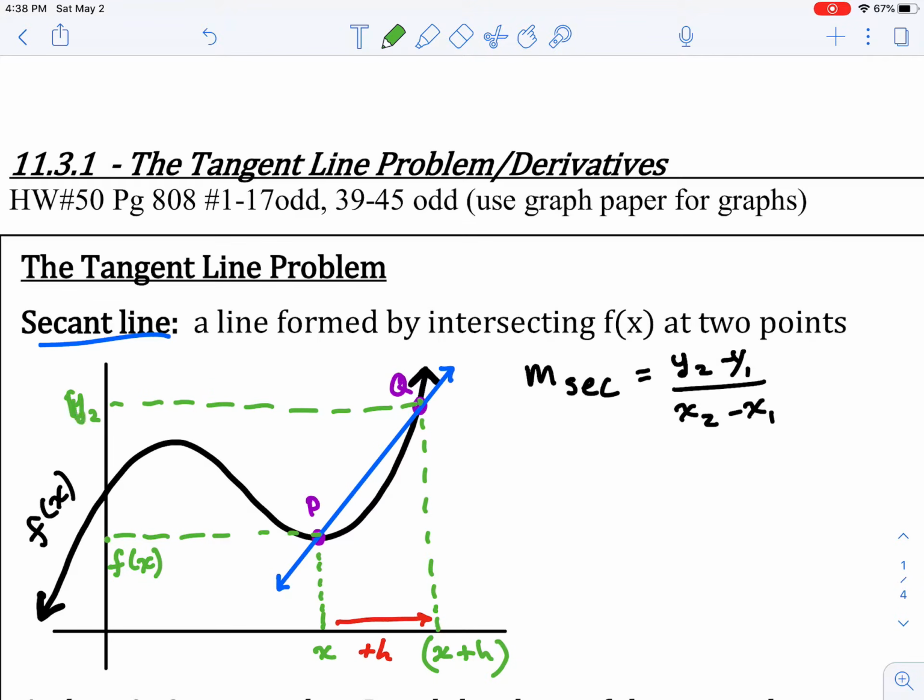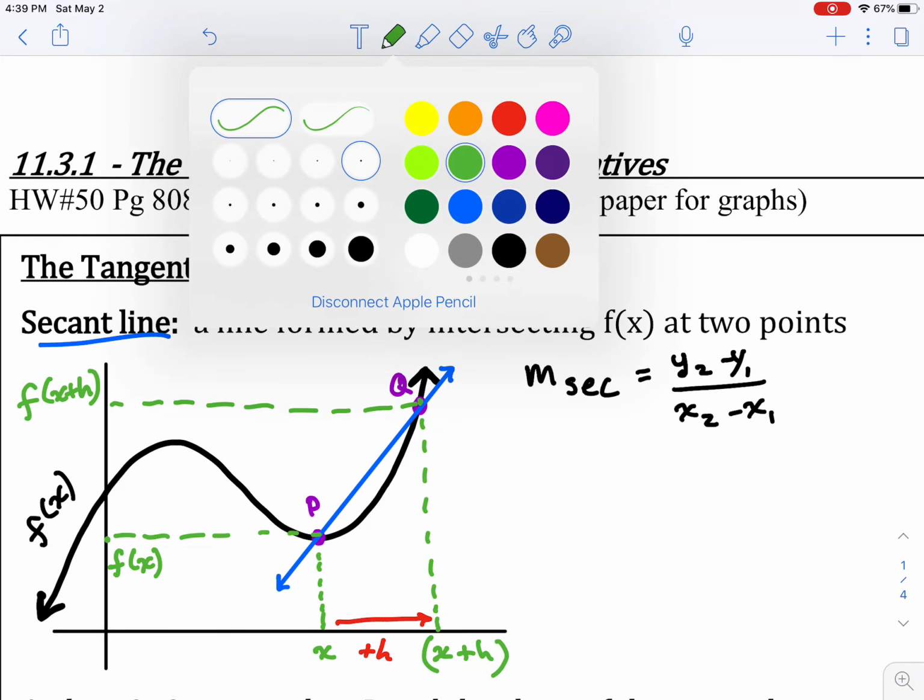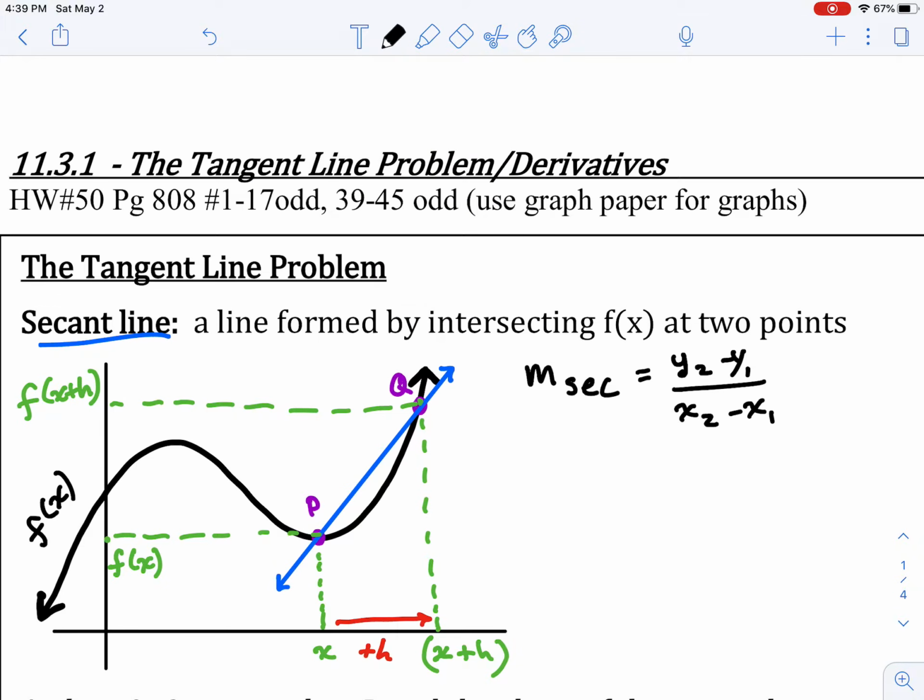So if that's the case, this y2 value up here now is actually called f of x plus h. It is the result of what happens to our function when I evaluate it at x plus h. It gives me some output. So if that is the case, let's think about what that means for the context of our slope here.